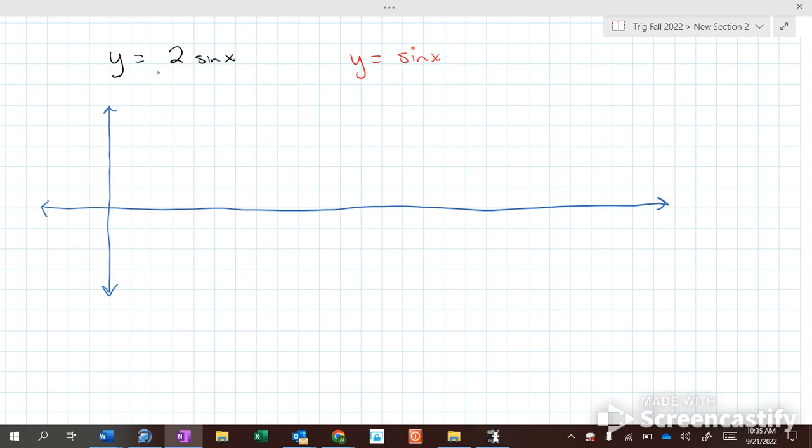I used to go 4, but now I go 6 to get to pi over 2, because then it tends to work better. So every 6 spots is a pi over 2. And then I go 2 spots up and down to get to 1.